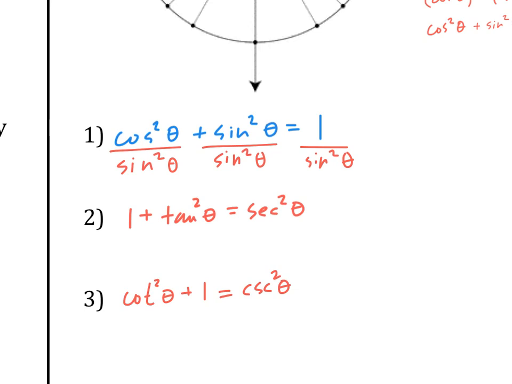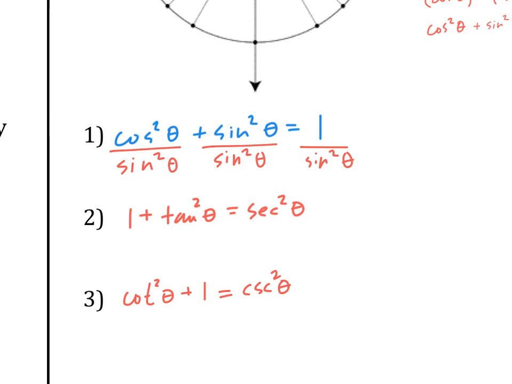So these are the 3 that you have to memorize. Cosine squared plus sine squared equals 1. It has to be squared because remember it's the Pythagorean theorem: a squared plus b squared equals c squared. And from there, you're just dividing by sine squared or cosine squared to get to the other two.